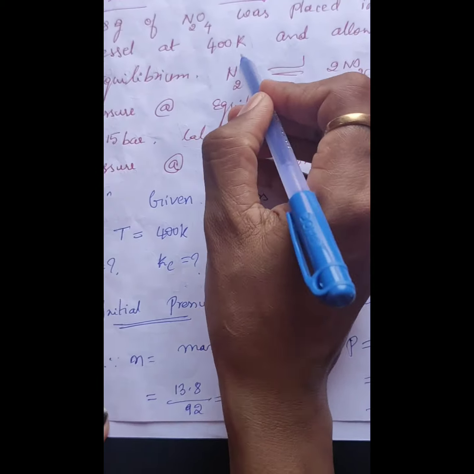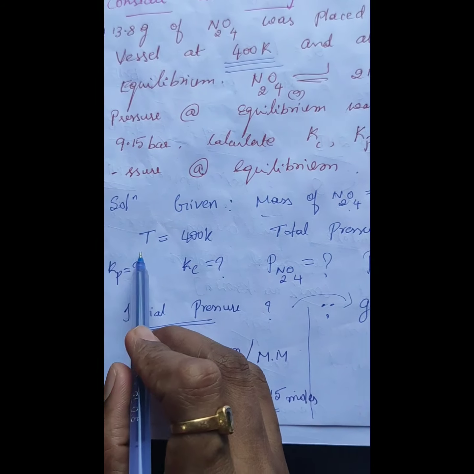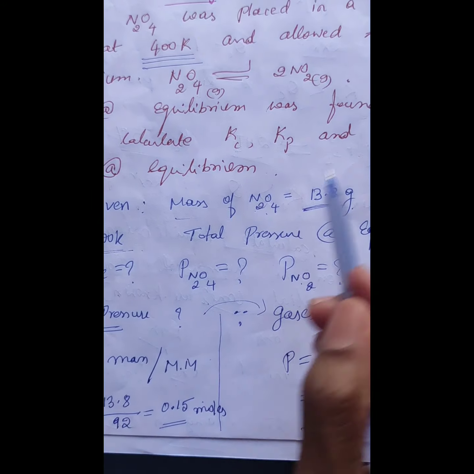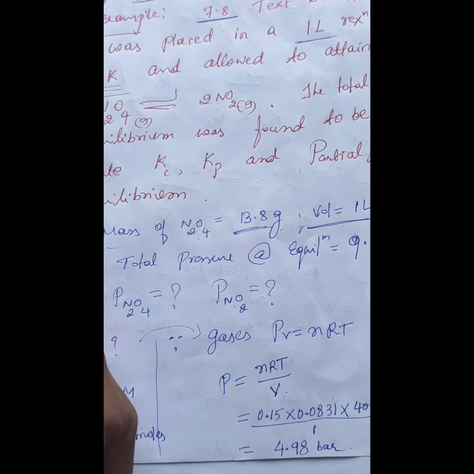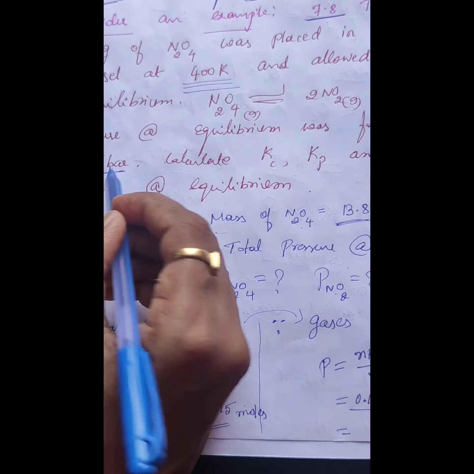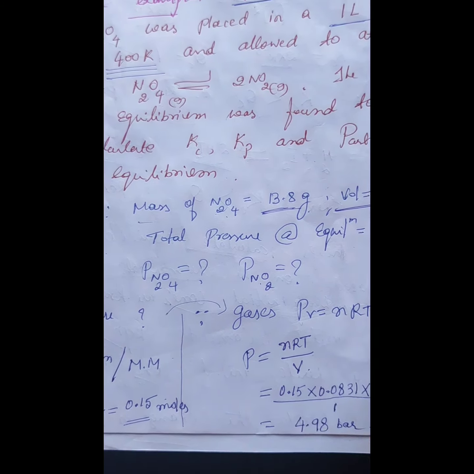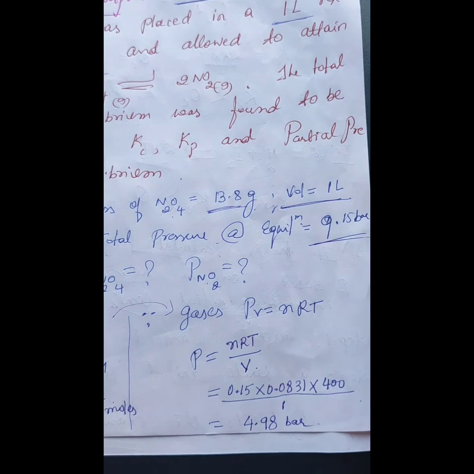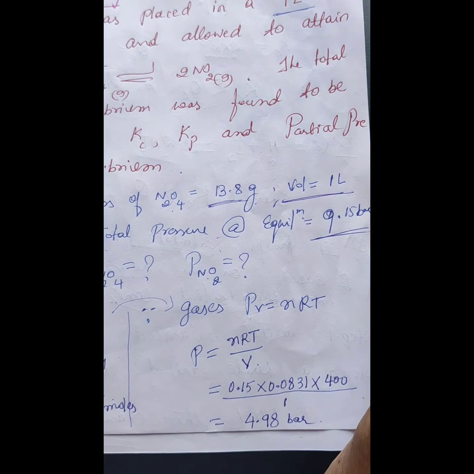Then 400 Kelvin means the temperature will be equal to 400 Kelvin. And they have even provided the total pressure at equilibrium, found to be 9.15 bar. So I will consider the total pressure at equilibrium to be equal to 9.15 bar.